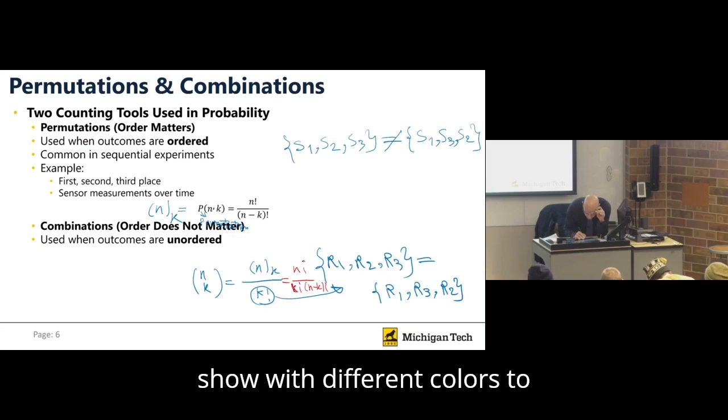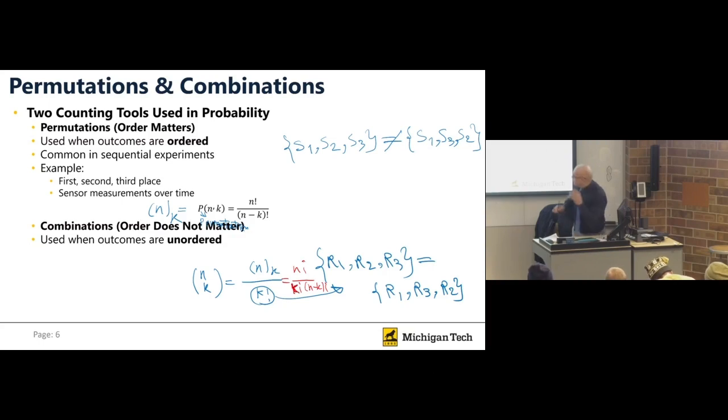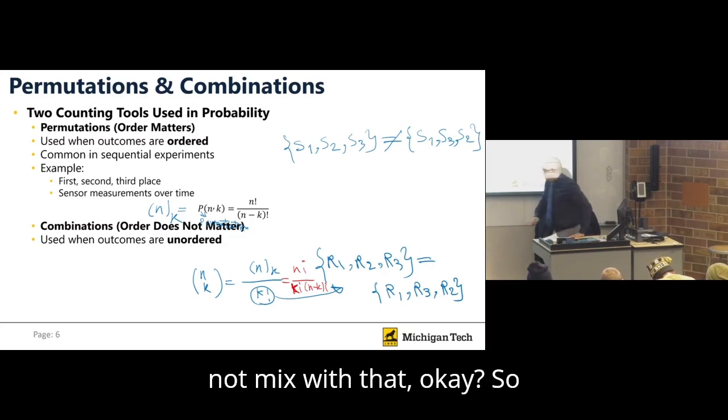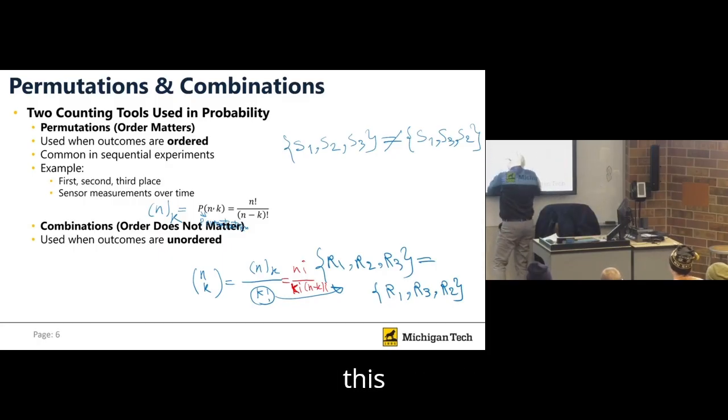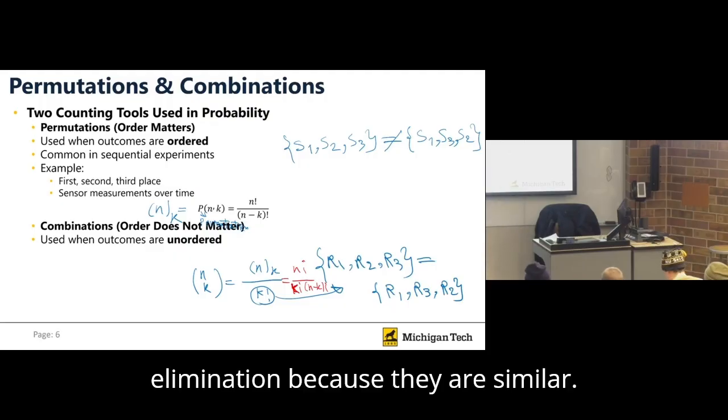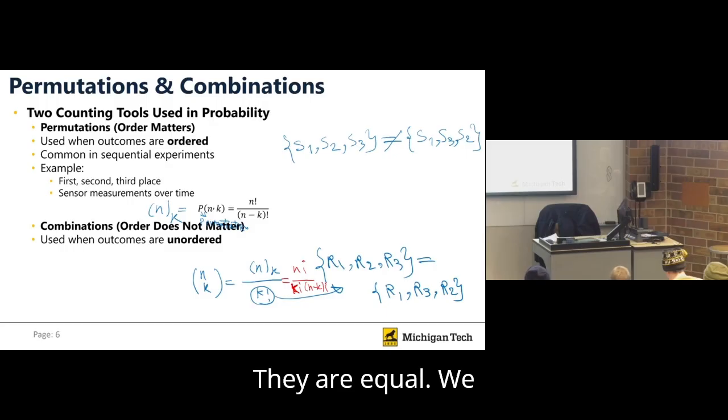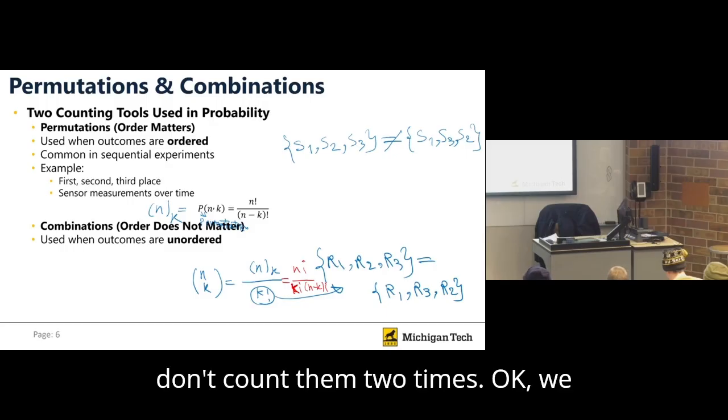I show it with different colors to not mix it with that. This k factorial is this elimination because they are similar, they are equal. We don't count them two times.